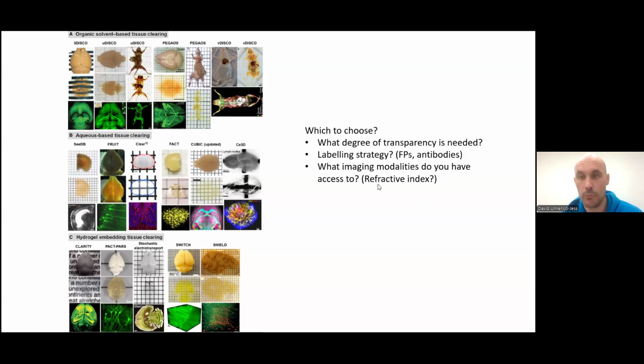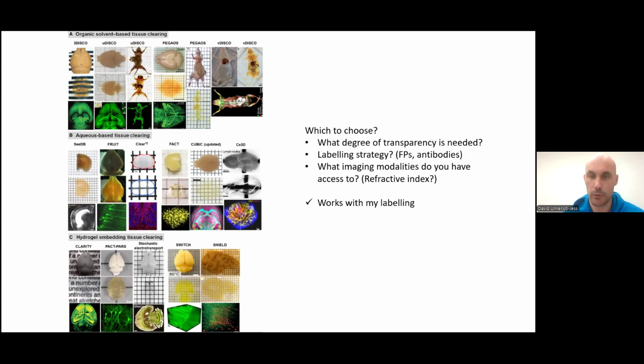And here I'm mostly referring to the refractive index. I'm sure you have already covered a lot of this in the course, how important it is to match your sample to the refractive index of the objective or the imaging system you are using. So all of these protocols have different end refractive indices, and this is a very important thing to consider.